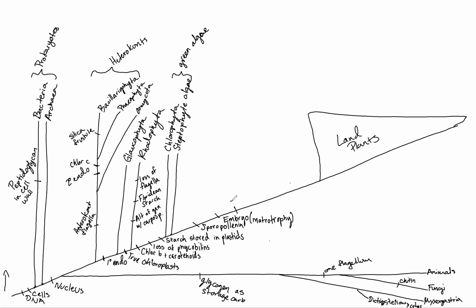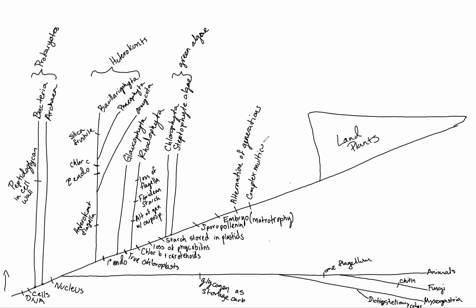All plants are also going to have alternation of generations. Sorry, I ran out of room on the bottom, so I'm writing it up here. So alternation of generations, we have a multicellular haploid and a multicellular diploid phase. So we're alternating between the gametophyte generation and the sporophyte generation. And our gametophyte is going to retain and nourish that sporophyte. They're also going to be complex multicellular.